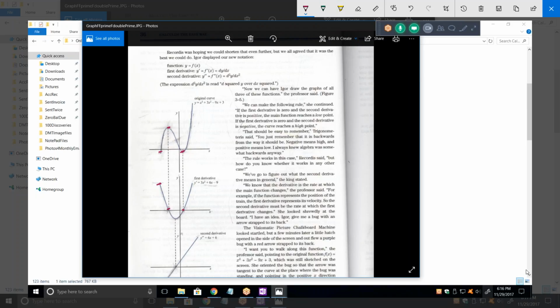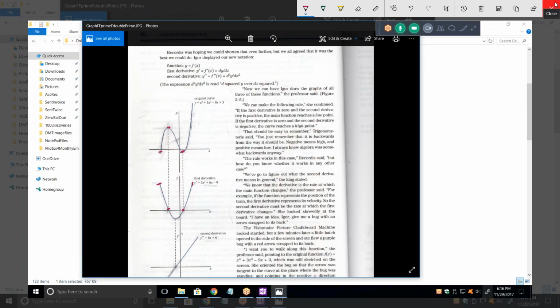The original function turns back up and starts increasing, first derivative is positive again. So that's the first thing. The most important relationship is that when the function is increasing, first derivative is positive. When the function is decreasing, first derivative is negative.